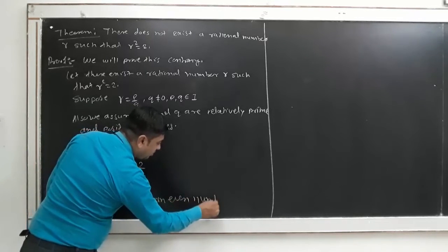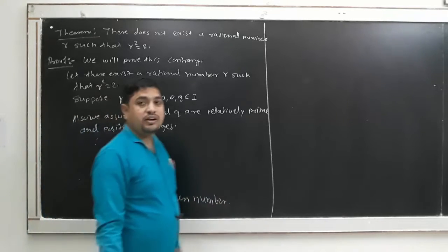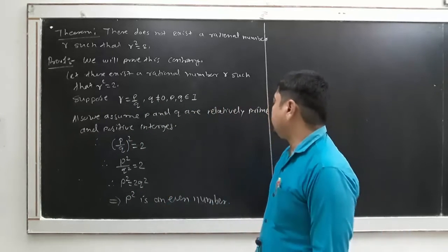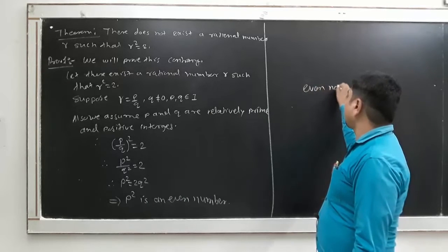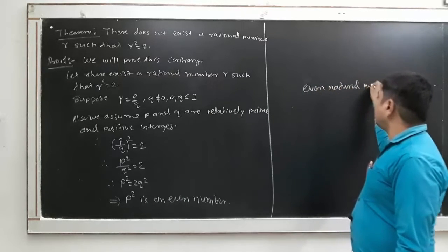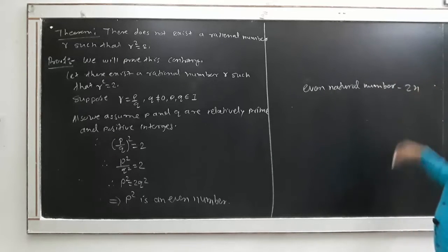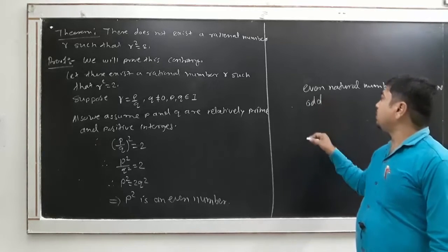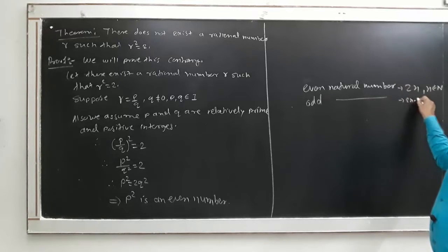What is an even number and an odd number? An even natural number can be written in the form 2n, where n belongs to the natural numbers, and an odd natural number is in the form 2n minus 1.